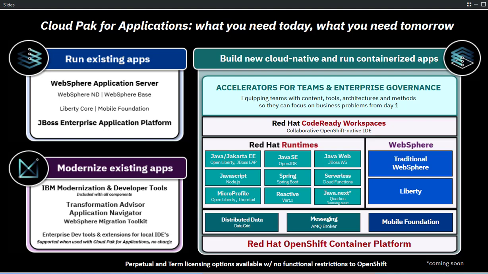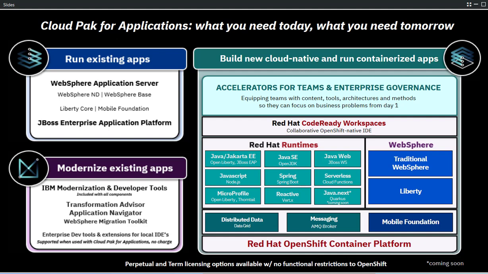On the left-hand side, we also have our existing workloads represented by WebSphere and JBoss, and the modernization tools that accompany them. And so through Cloud Pak for applications, what you should be able to begin to see from this slide is that clearly, by virtue of the top left-hand corner, you can continue to run existing applications on WebSphere.